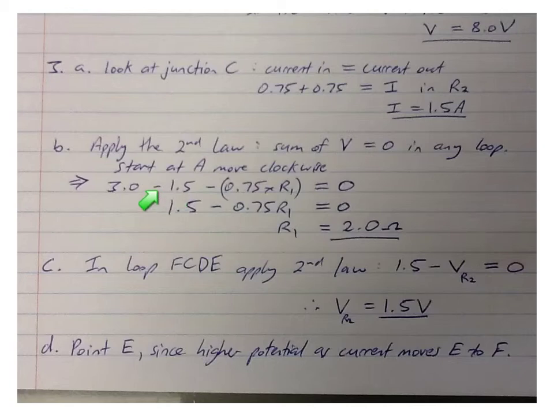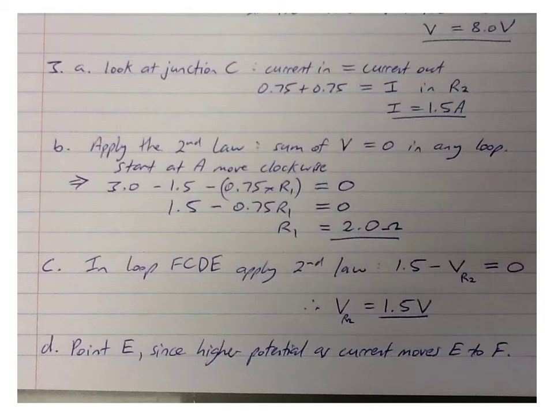That means we drop 1.5 volts. That takes us to junction F, and then we go across to A again. Now we're crossing a resistor R1 with the current, so we're going to drop voltage. We're dropping the current times that resistance value, I times R. That's the unknown which we're going to solve for. Now these voltages all sum to 0. That's the law. So we rearrange, solve for R1, it turns out to be 2 ohms.